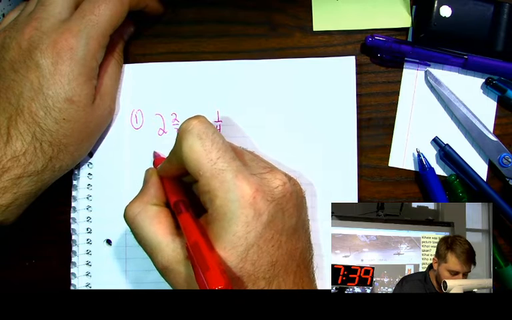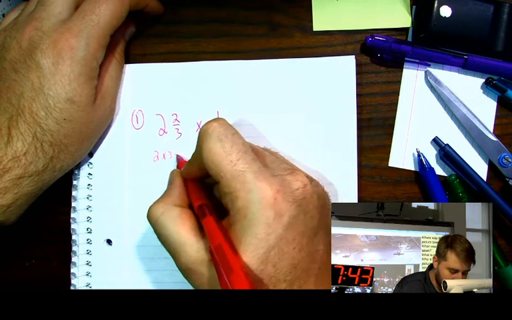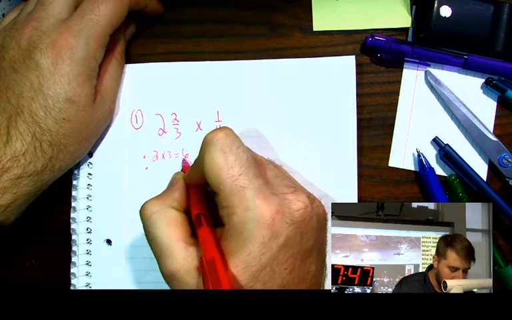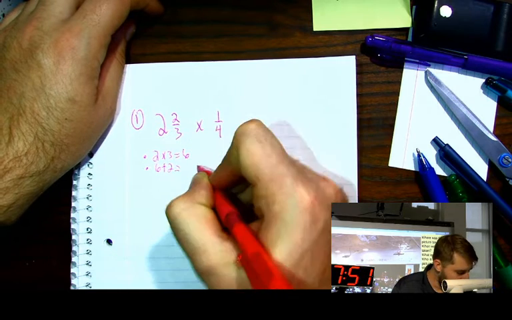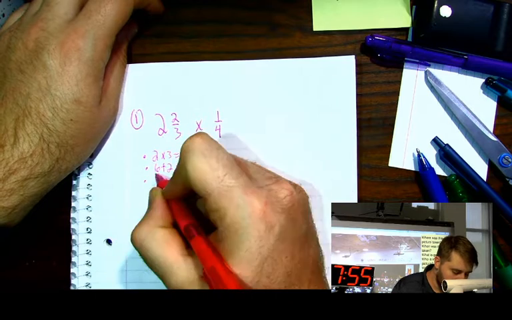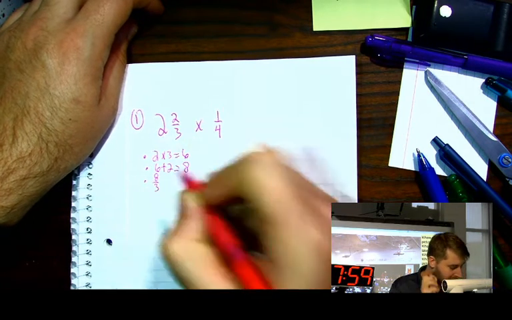So we are going to do 2 times 3. So we're multiplying the whole number by the denominator, and that is 6. Then we have to add the answer to our numerator, so that is 6 plus 2, and that equals 8. And then we have to rewrite that answer as our numerator over our denominator of 3.